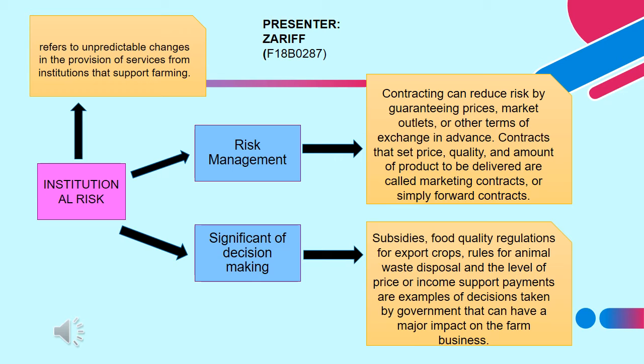For significance of decision making, subsidies, food quality regulation for export crops, rules for animal waste disposal, and the level of price or income support payments are examples of decisions taken by government that can have a major impact on the farm business.